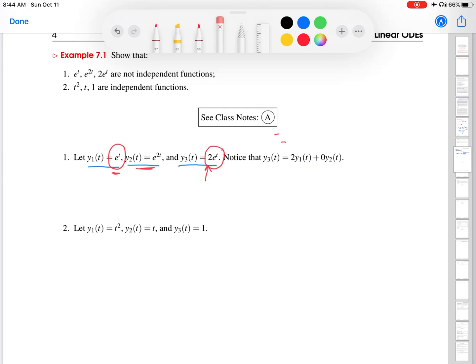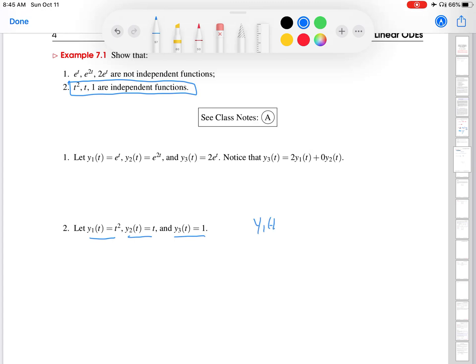So now let's go through and talk about the second example. In this second example, I'll teach you a nice little method for figuring out if functions are independent or not. So let's talk about t squared, t and 1. I'm going to let y1 be t squared, y2 be t, and y3 be 1. All right, so let's think about this here. We want to figure out, let's pick on y1.